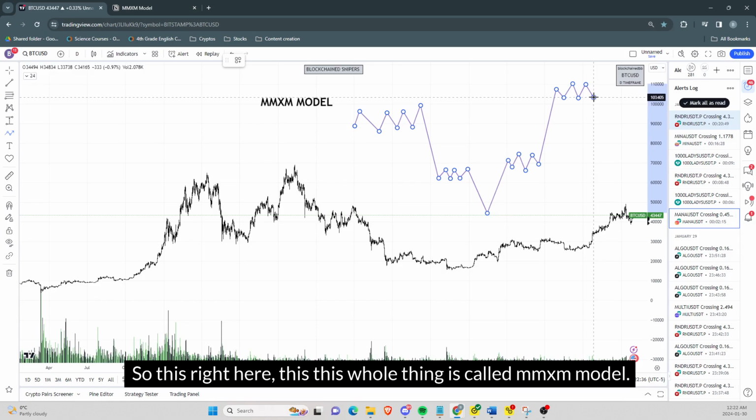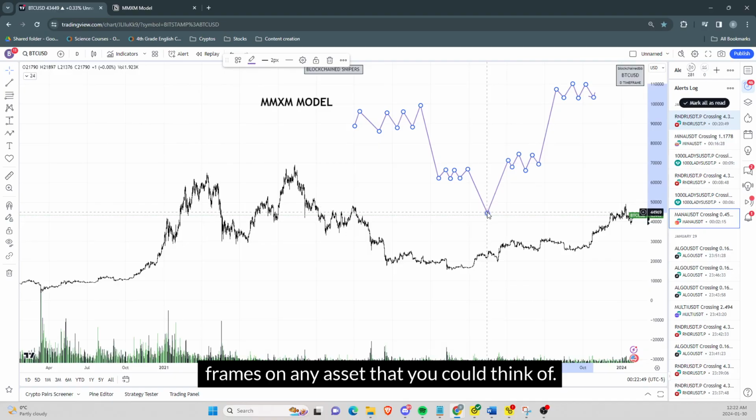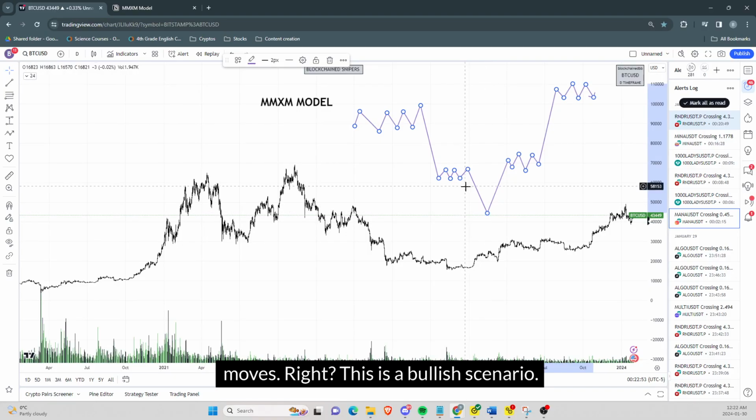All right, so this whole thing is called the MMXM model. This happens on all time frames, on any asset that you could think of. This is how the market moves, right?